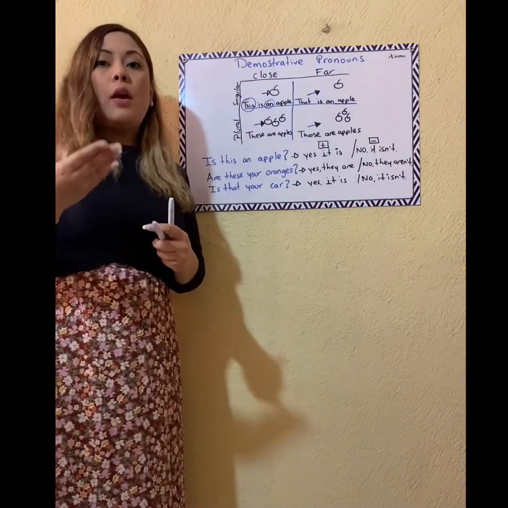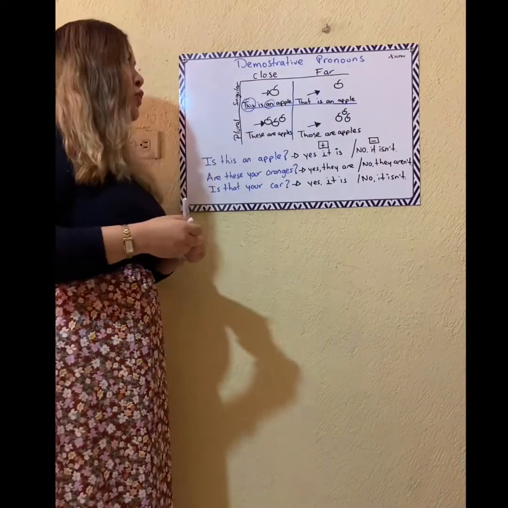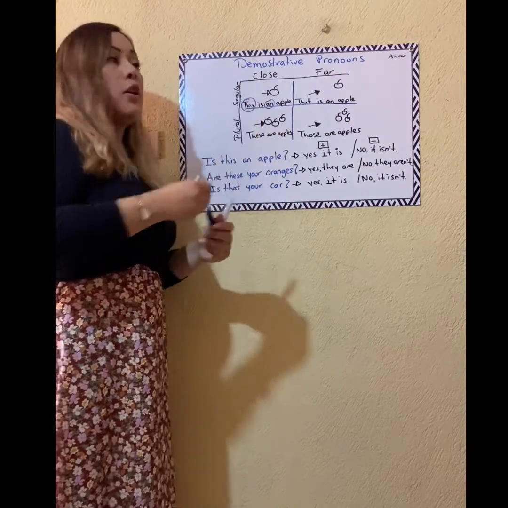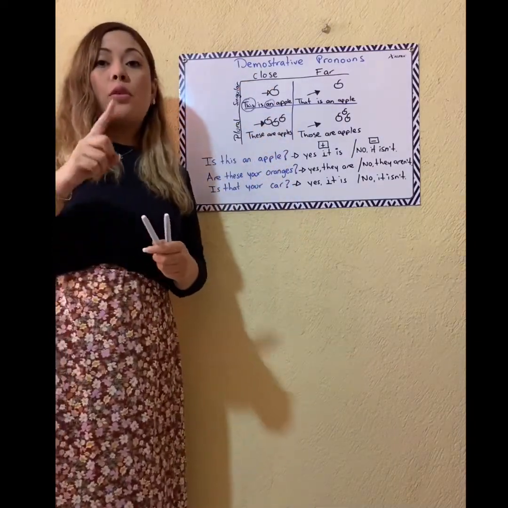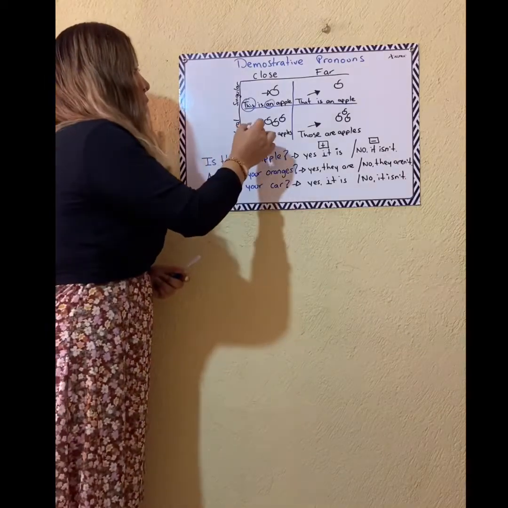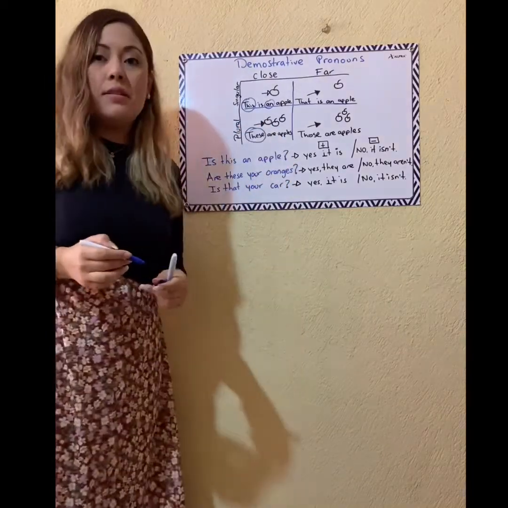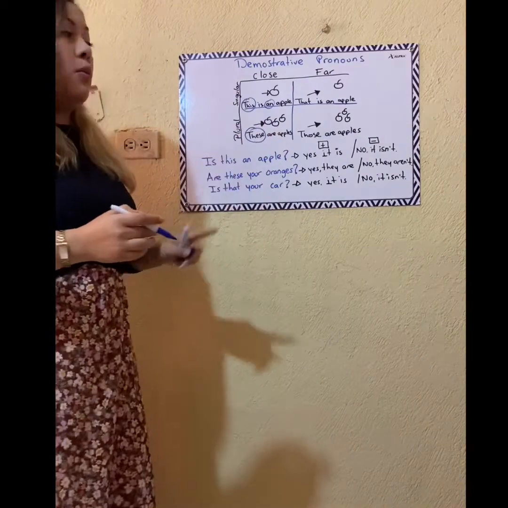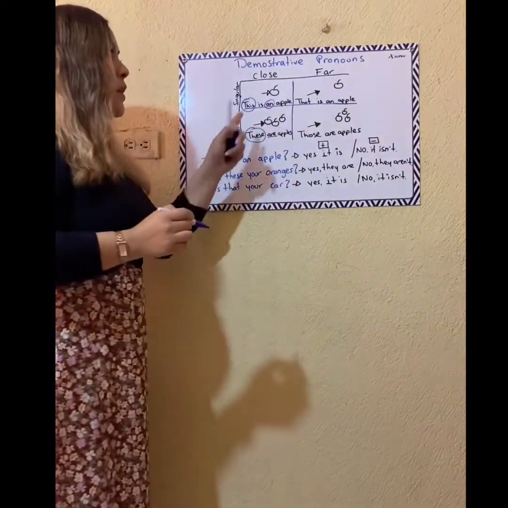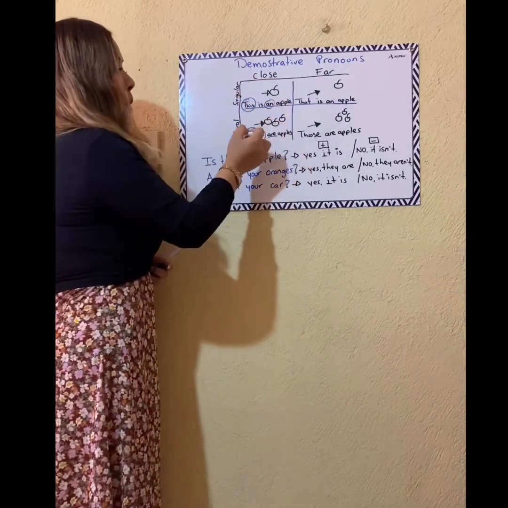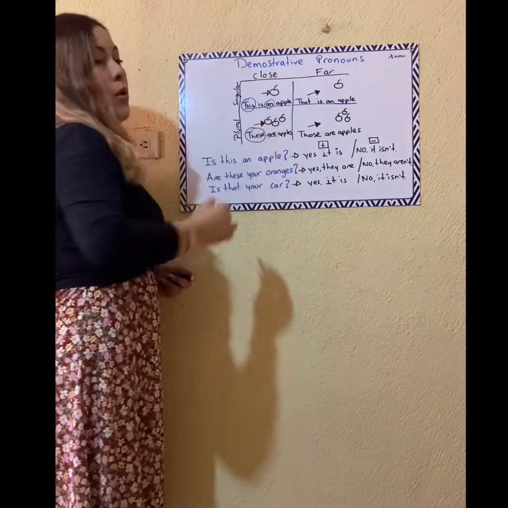Okay, now if I want to refer to something that also is very close but is plural, that means more than one, I'm gonna use the demonstrative pronoun these. For example, in the drawing, these are apples. Okay, as you can see, it is very close but is plural.